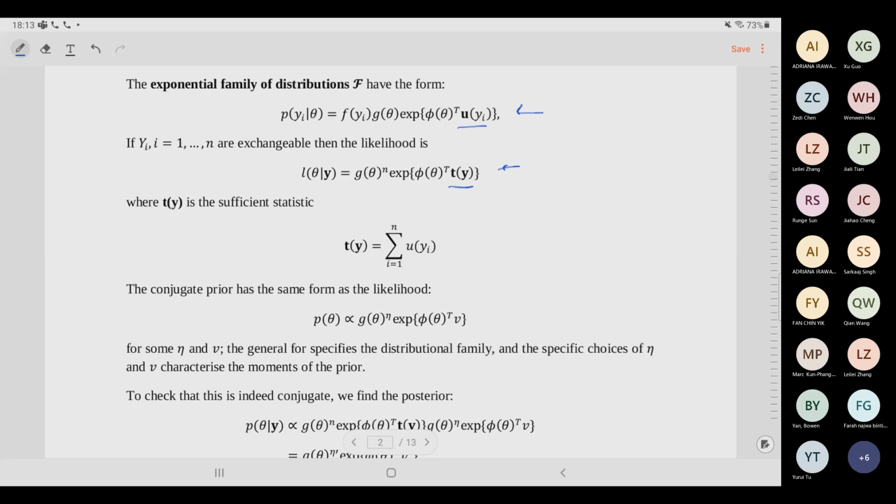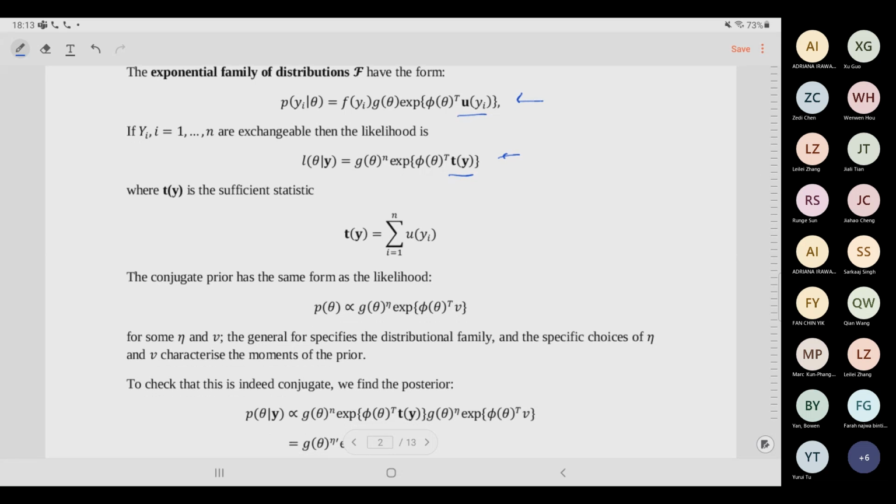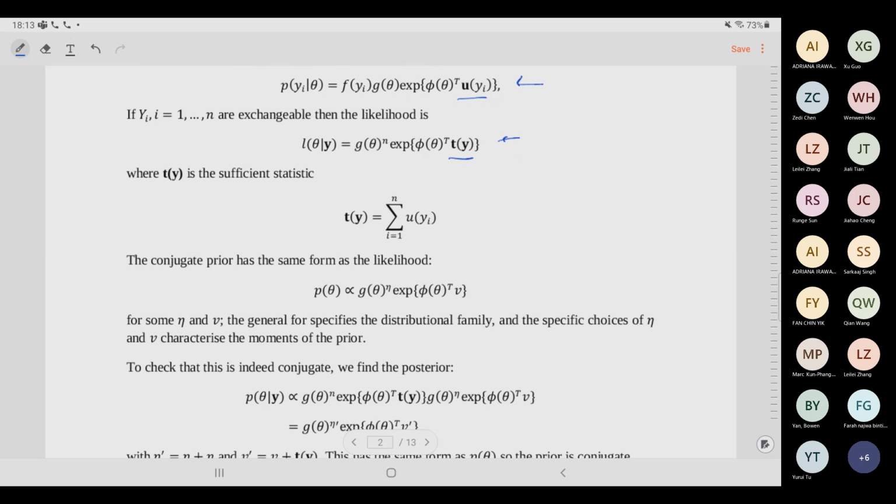Okay, and as I said, you want to choose the conjugate prior so that the posterior has the same family as the prior. The easiest way is to choose the prior which has the same form as the likelihood. So if you compare your prior with the likelihood here, you have a function of theta, and then you have the exponential of v times theta also.